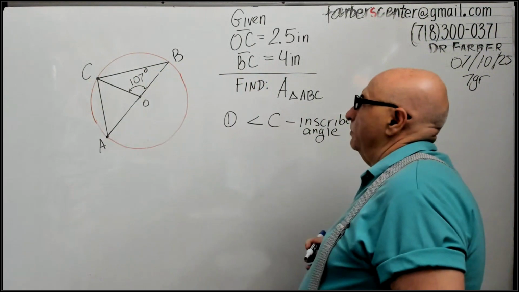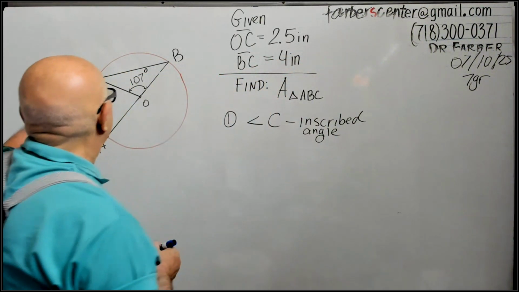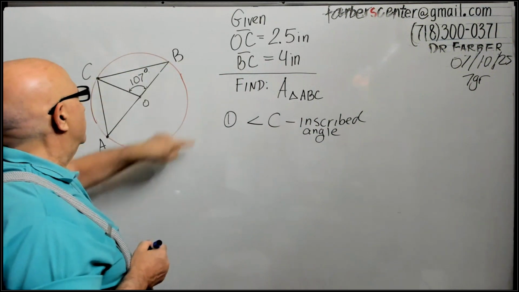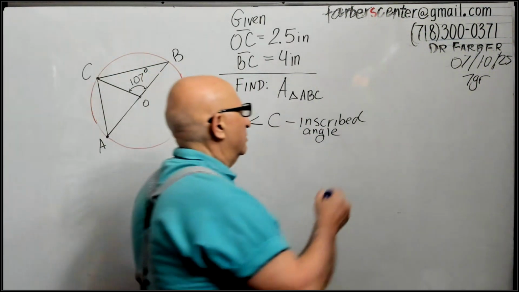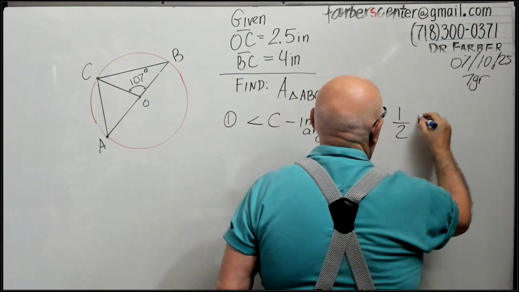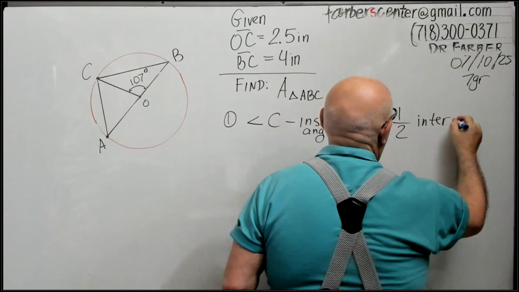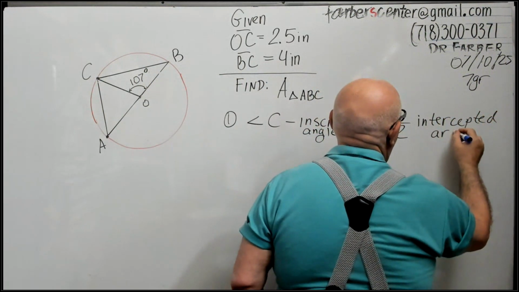What is the property of an inscribed angle? Theorem about inscribed angle: the vertex belongs to the circumference. An inscribed angle always equals half of the intercepted arc. We studied this with you many times.